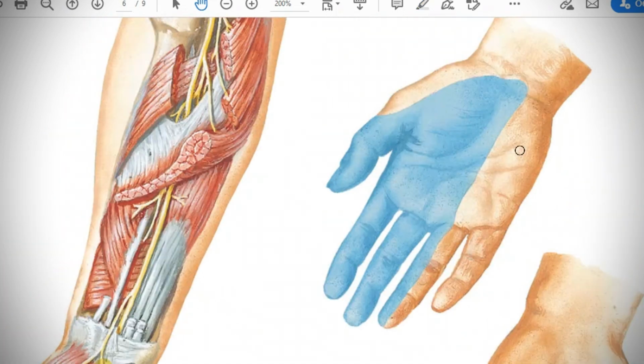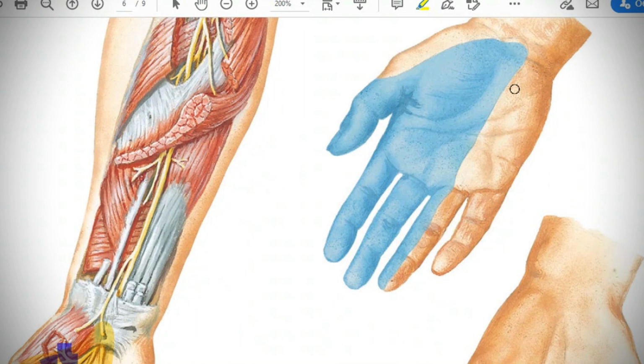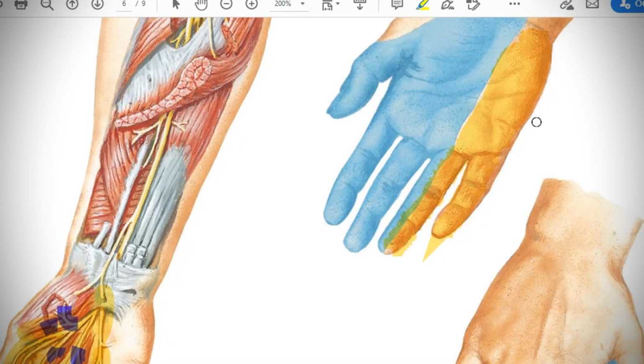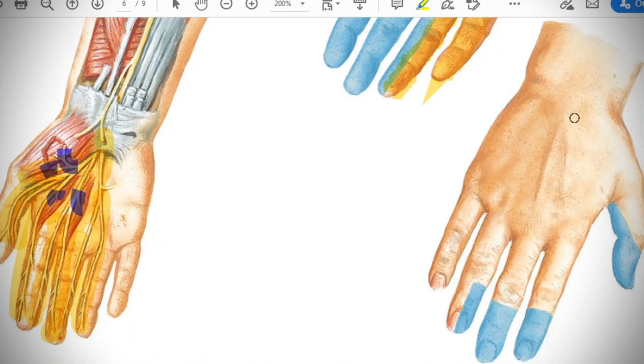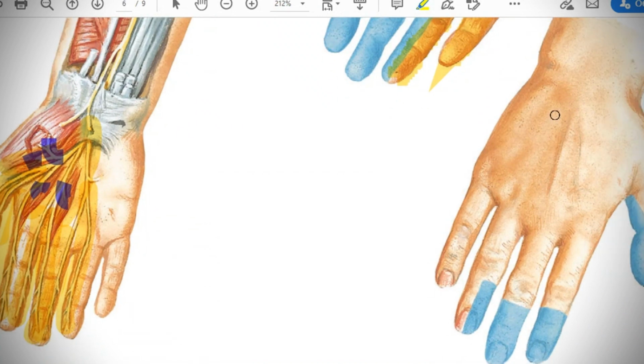Then the ulnar nerve, its palmar branch, supplies the lesser half of your hand in the area of the hypothenar, and supplies the whole fifth finger, palmar side, and the medial aspect of the fourth finger. That's the palmar branch. The dorsal branch of nervus ulnaris goes on the backside, and here we come to the dorsal surface of the hand.